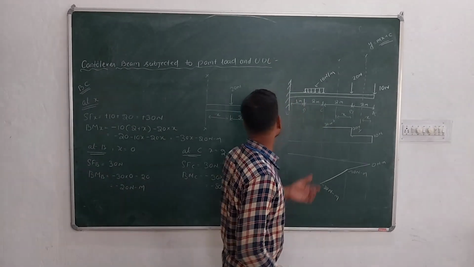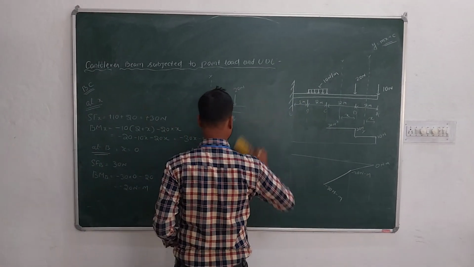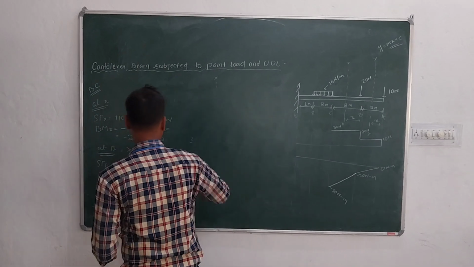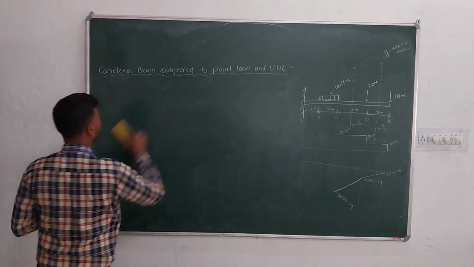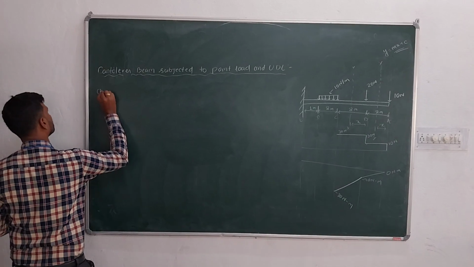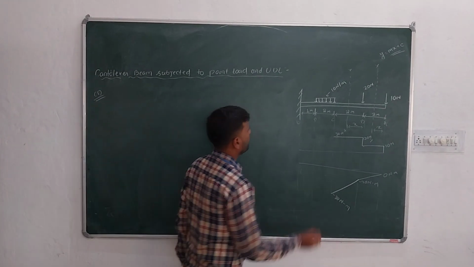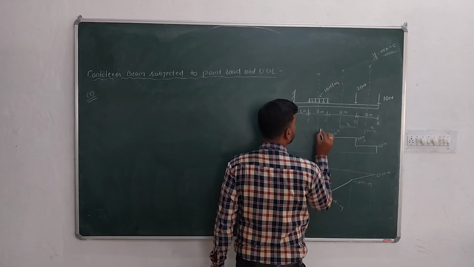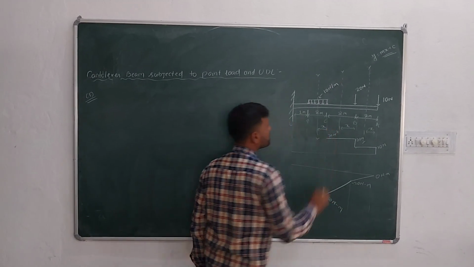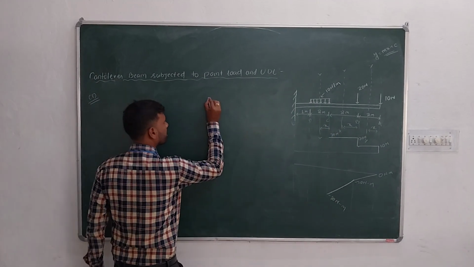Now we will see the cross section CD. So for cross section CD, take x-axis in between C and D at a distance of x from C. Now draw that one here.